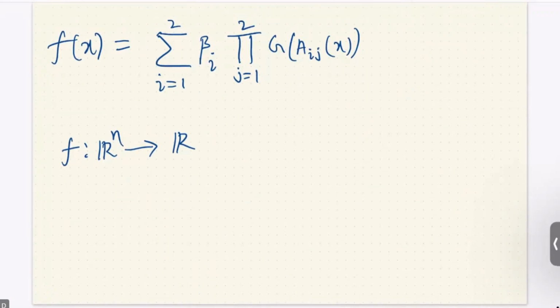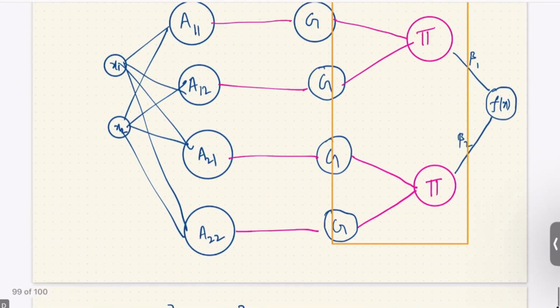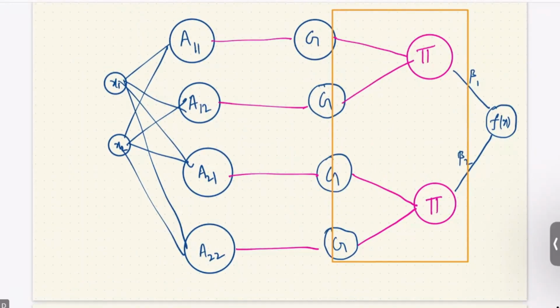So f of x we can write as summation i equal to 1 to the number of groups.